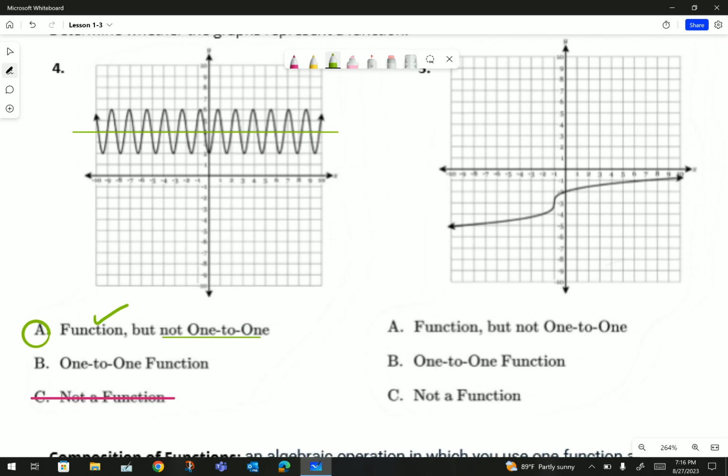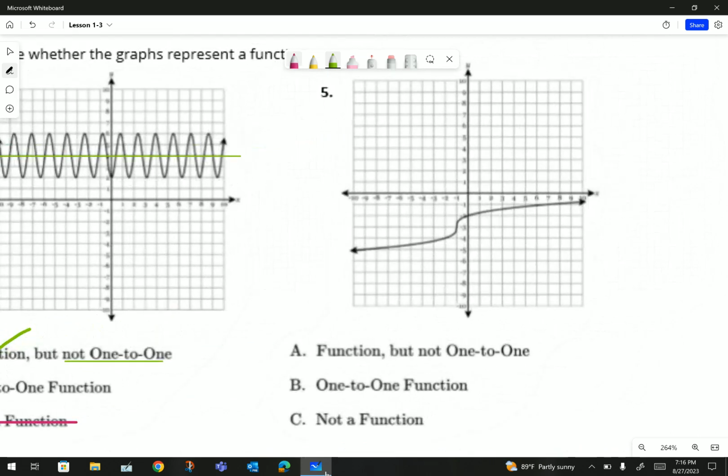Whereas on this one over here on the right, let's see if it passes the vertical line test. Well, it touches one time, touches one time, touches one time, over and over again. Now I know this piece right here is going to look like it touches more than once, but this is what we call a square root function, and this area right here is actually going to the right gradually and also increasing.